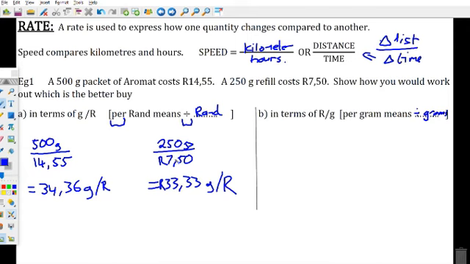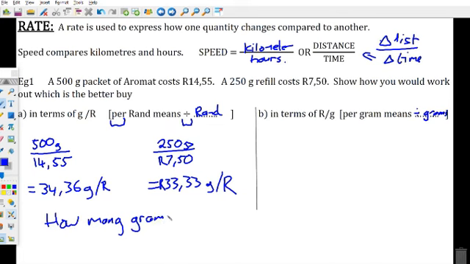So let's look at the ratio again, but now in a different way, in terms of rands per gram. Now we are looking at how much 1 gram costs. The first thing we looked at was how many grams you can get for 1 rand.